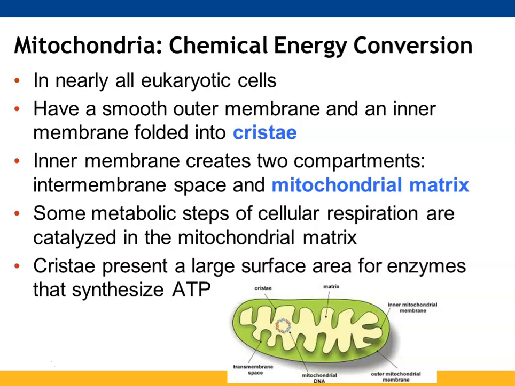And there are some components of cellular respiration that can only take place within that matrix. Again, because you have those folds, the cristae, there are lots of places for enzymes that are going to be able to make ATP to be present. And so that's part of the reason that the mitochondria is such an efficient converter of ADP into ATP, your energy currency.